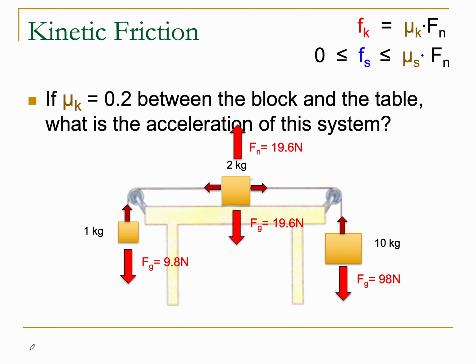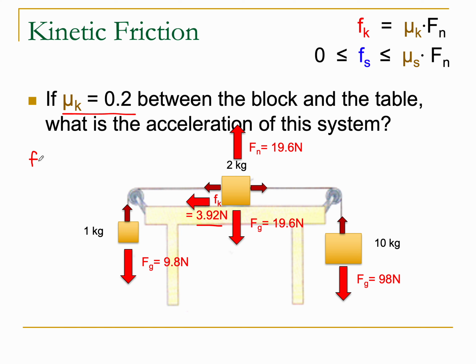Here's where it gets interesting. Why did I bring up this whole idea of mu sub k? Well, there is force of friction acting on one of these three masses. Which one? This one. It's going to be acting this way, and you could very quickly calculate it's going to be 3.92. And you might say, whoa, where did that come from? It comes from this.